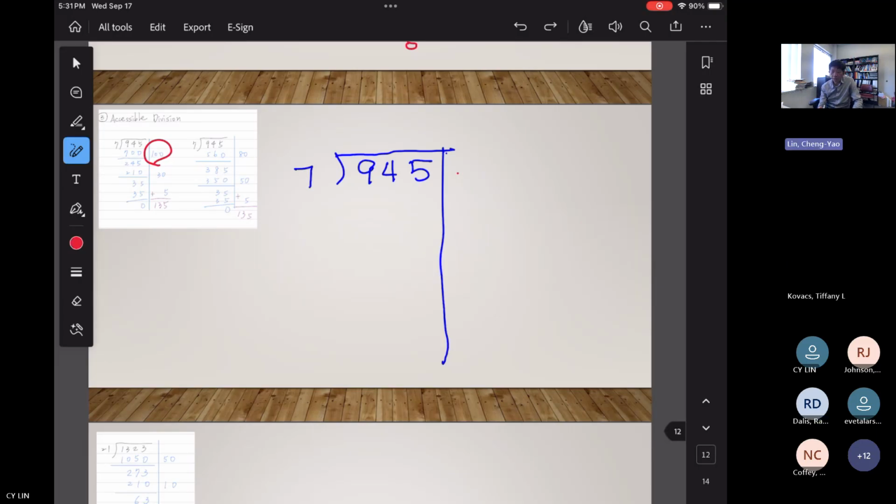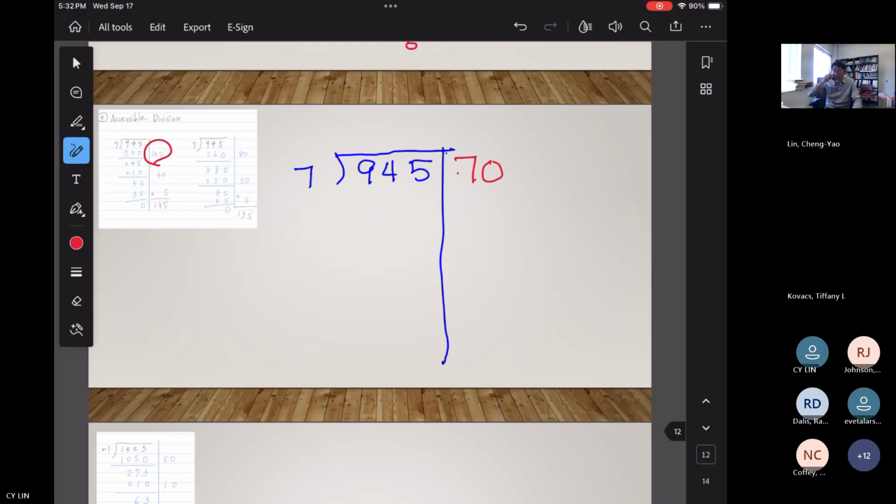How about you try 70? Okay, go ahead and try 70. You want to try 60. It's still working. I'll give you a minute to do this. Start with a 70, it's still working.